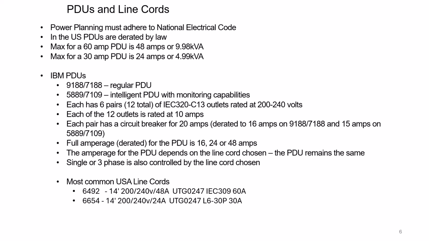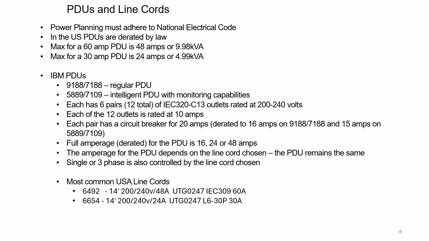For a 30 amp PDU, which we sometimes refer to as an L630P, it's 24 amps or 4.99 kVA. Some of them are listed as 4.8, so you need to go by whatever the listing is for that PDU. But by law, you can't actually plan to connect more things to a PDU than could draw all that power.